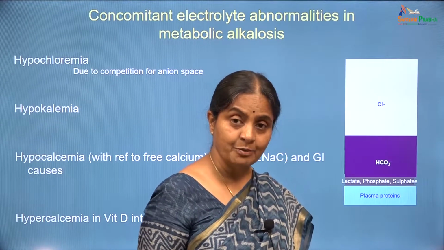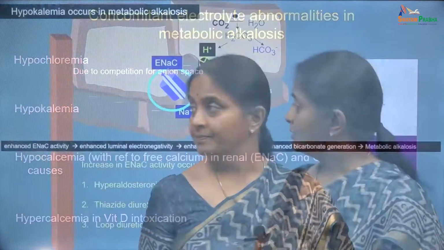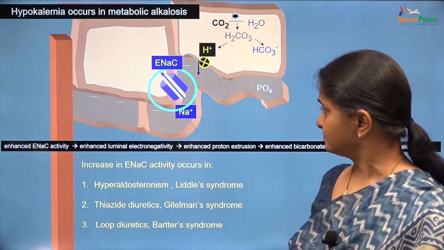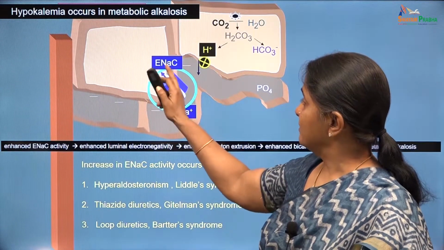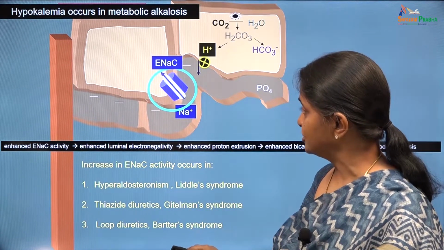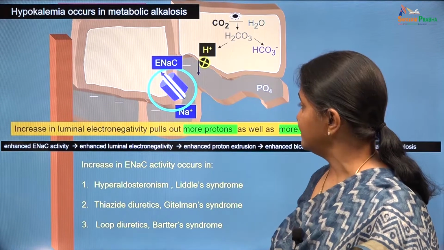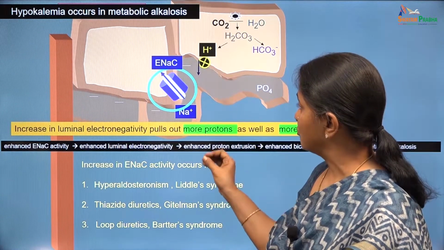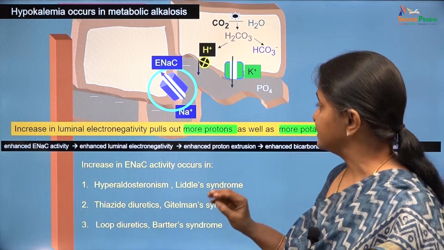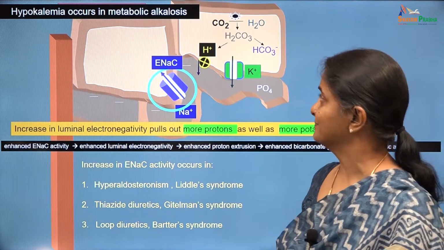Therefore, in metabolic alkalosis, there is always hypochloremia. Why the hypokalemia in metabolic alkalosis? In metabolic alkalosis, due to increased ENaC activity, that is, in all these conditions, there is an increase in luminal electronegativity that will not only pull out more protons but also more potassium, resulting in loss of potassium in urine and therefore hypokalemia.